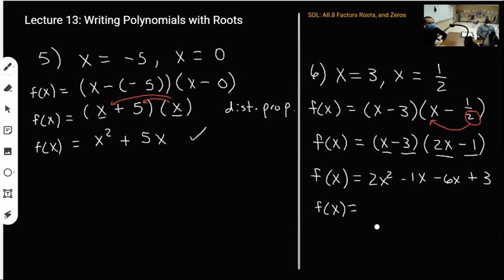Okay, so now that we've done the FOIL method, the last thing that we have to do is put the two middle terms together. Minus 1x minus 6x, that's going to add up to give me -7x. That is my polynomial. I'm done. So I get 2x squared minus 7x plus 3. That's going to be my answer.